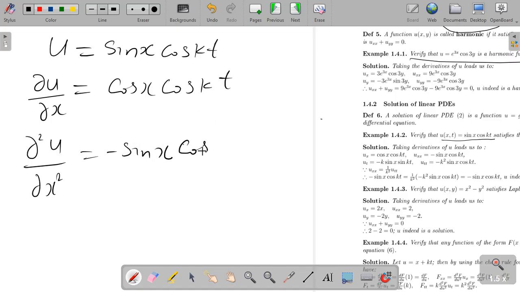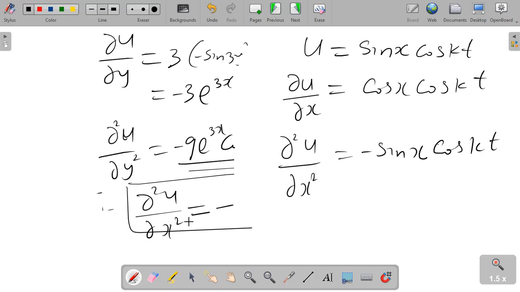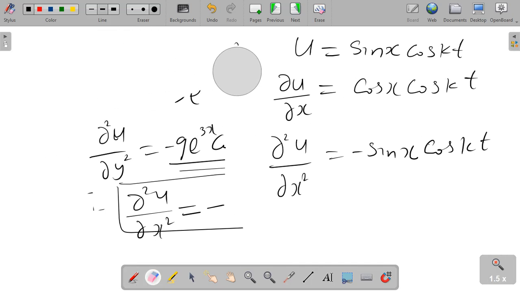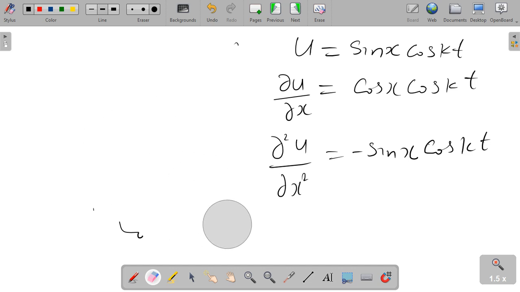So the next thing to get is for your t. You have gotten for x, so let's get for t. We need partial u over partial t, which will give you, differentiating kt will give you k.